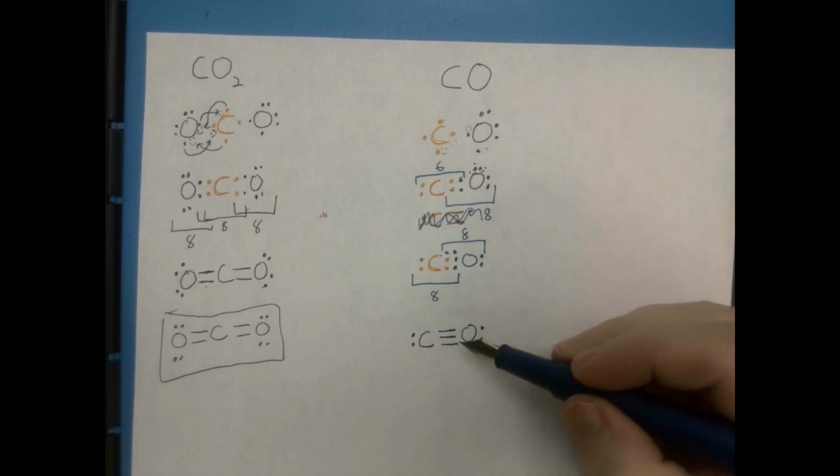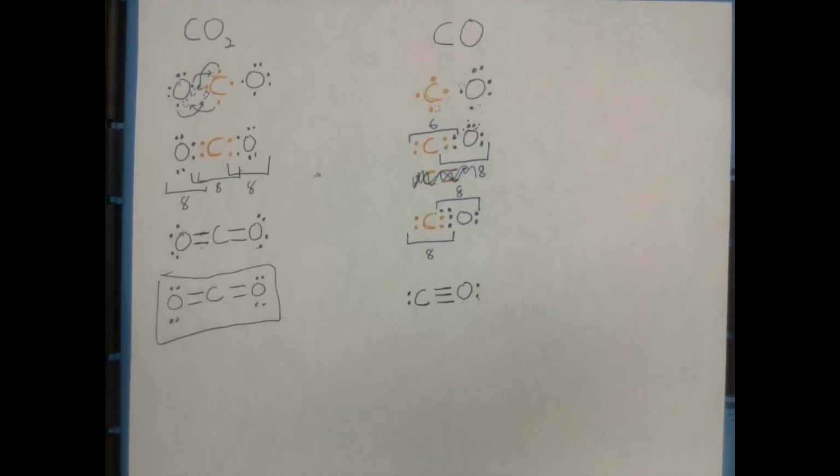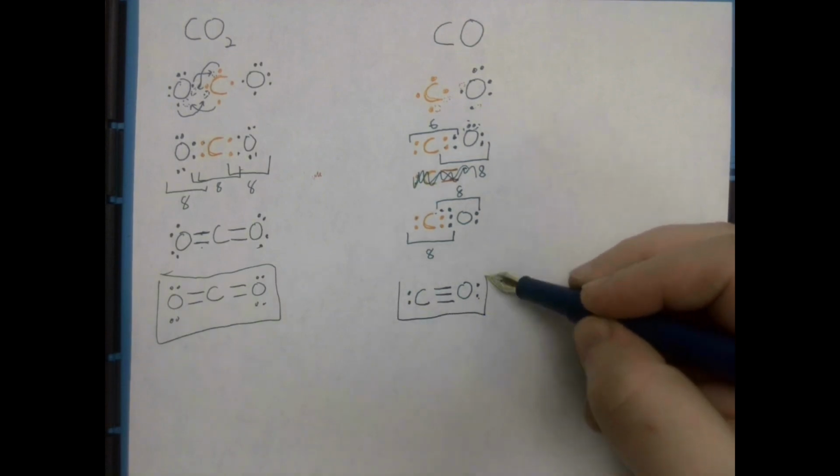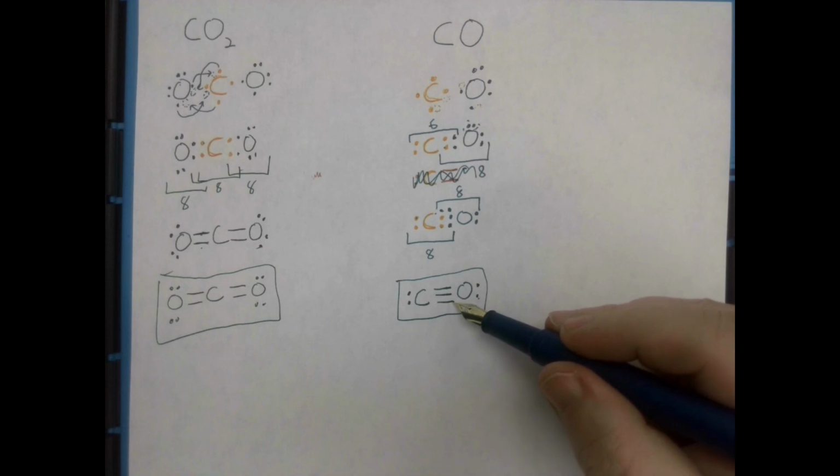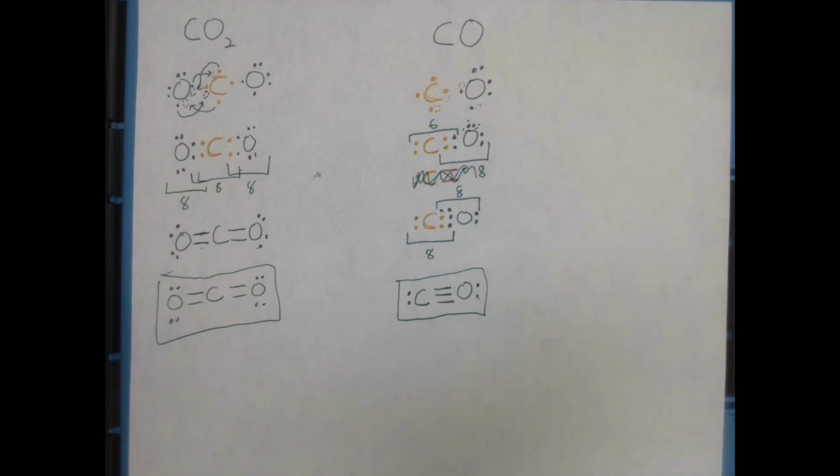Again, each line represents two electrons. I will say this. In this notation, it kind of hides the fact who's sharing the electrons with who. But it really doesn't matter because all we really care about is how many bonds are between it.